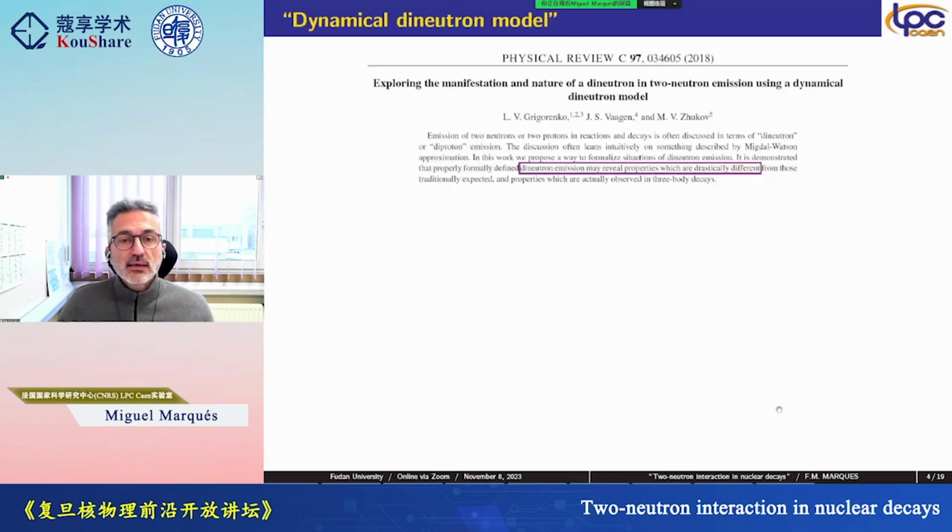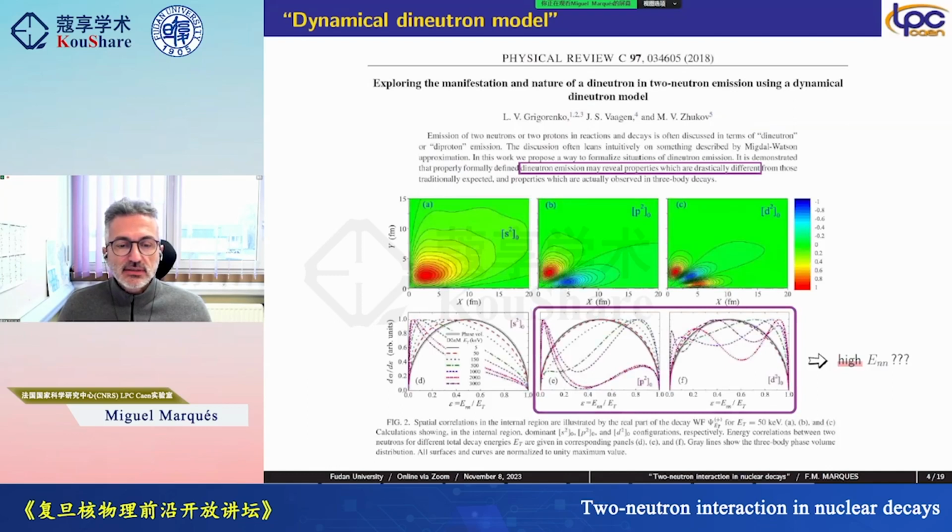Then there was this paper here from Grigorenko, who tried to analyze this case, and he reached conclusions that were contradictory to our work in interferometry. For example, this was a toy model in which you have a three-body system, a core and two neutrons that can be in S wave, P wave, or D wave.